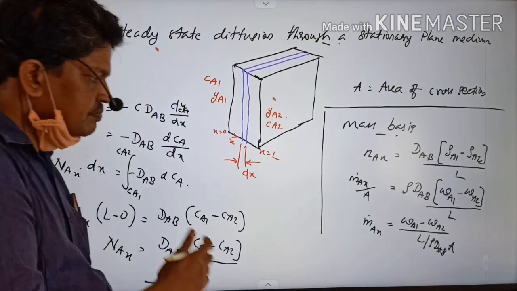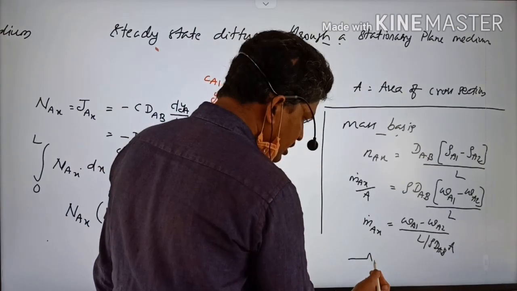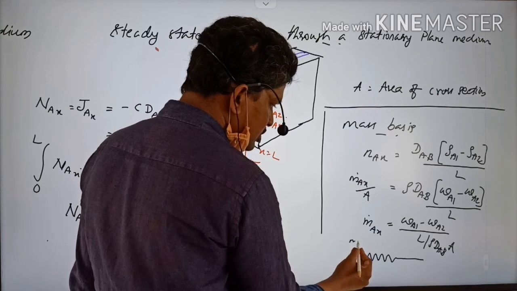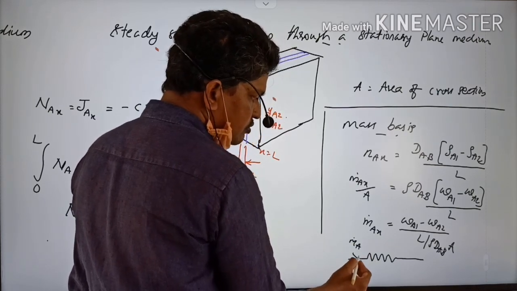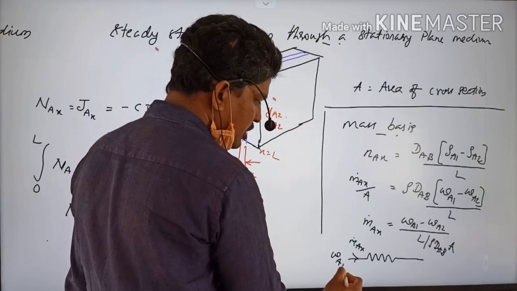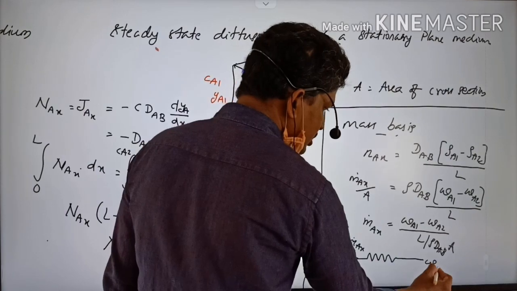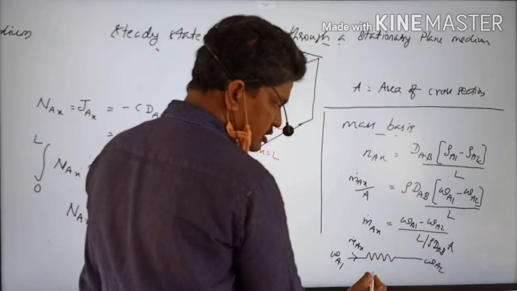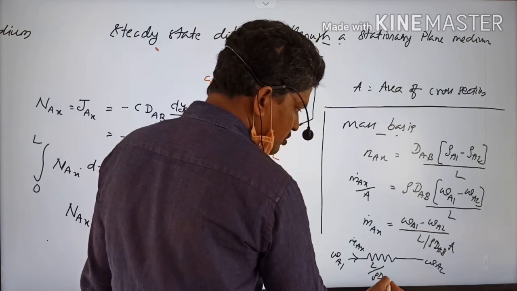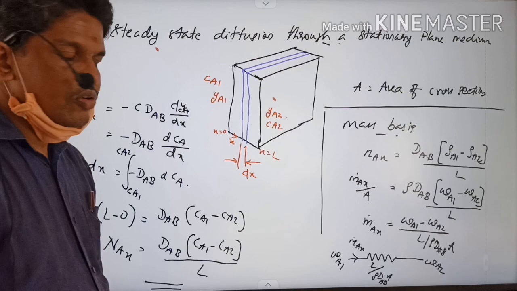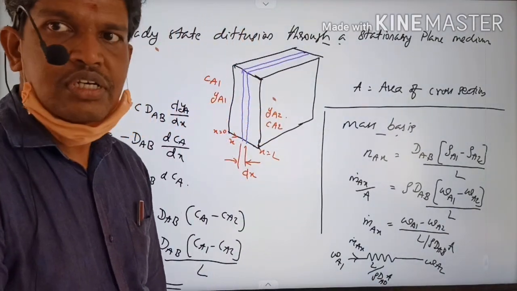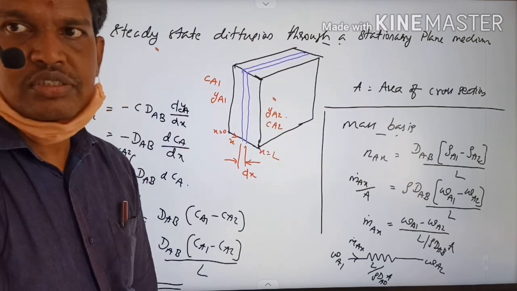This is equivalent to our electrical analogy: the mass diffusion flux in the x direction, where the potential is WA1 and WA2, and the resistance is L by rho dAB A, known as the diffusion resistance, similar to thermal resistance.